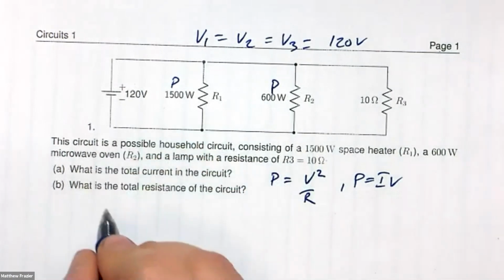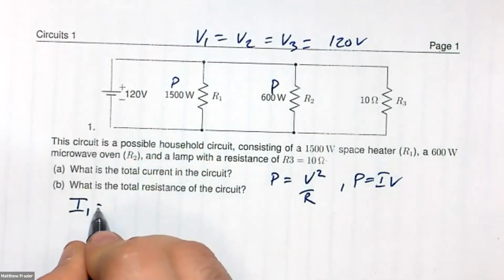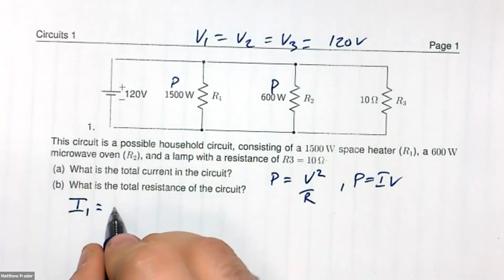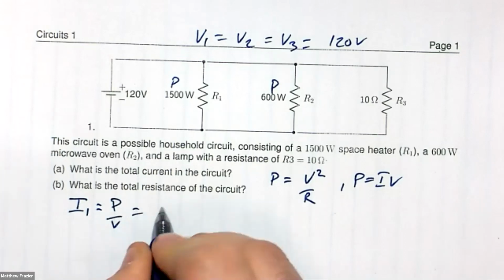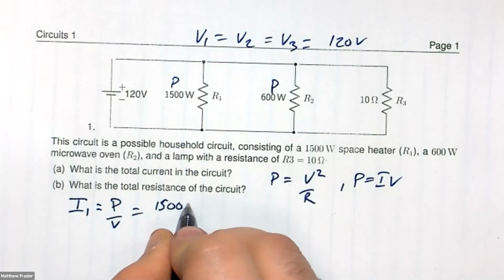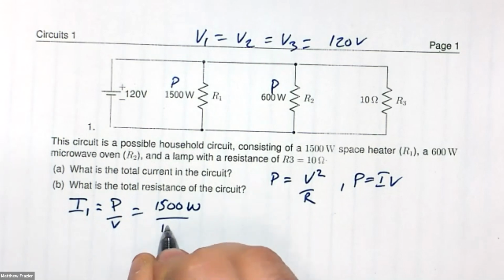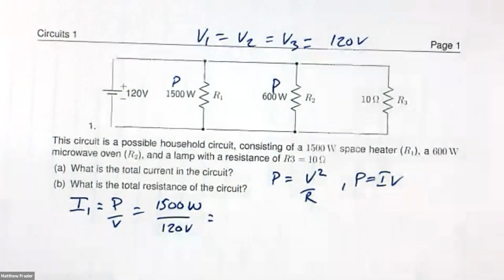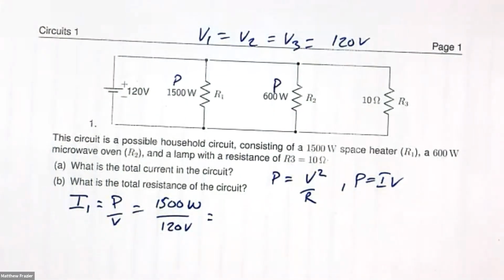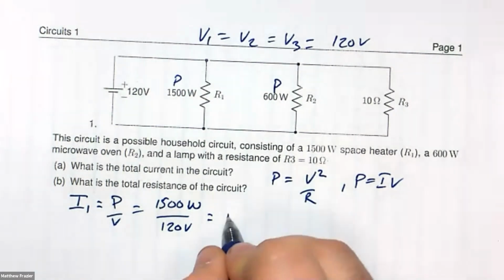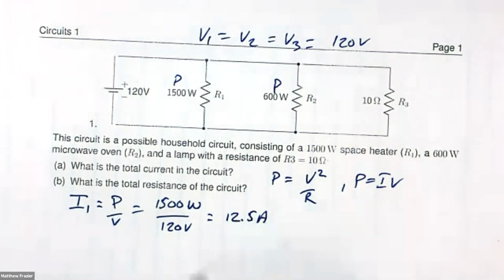So the current I1 is power over voltage, 1500 watts over 120 volts, and that is 12.5 amps. That seems reasonable.